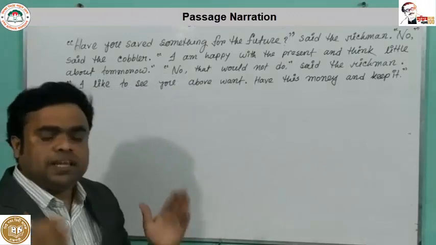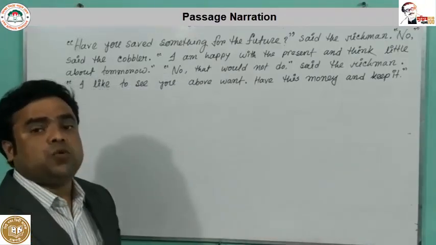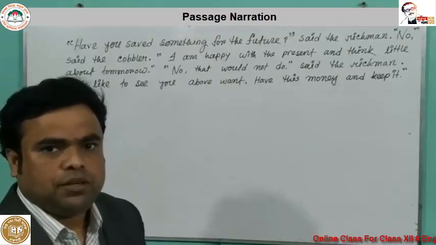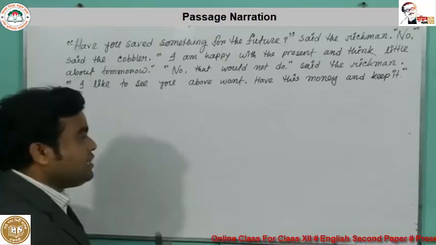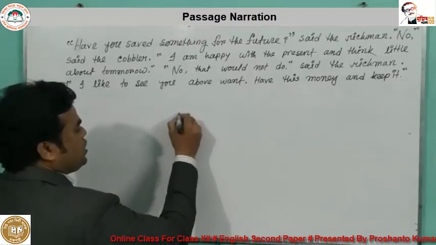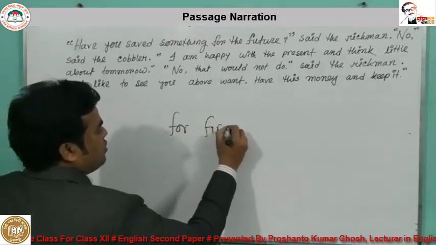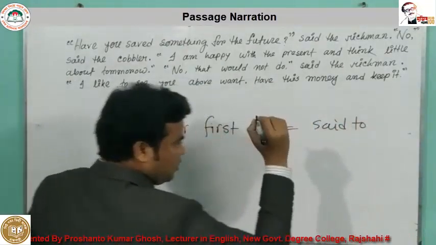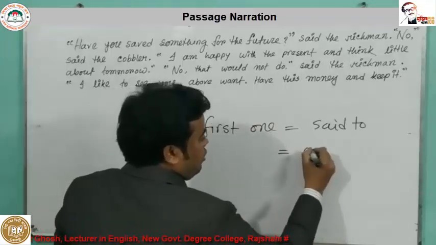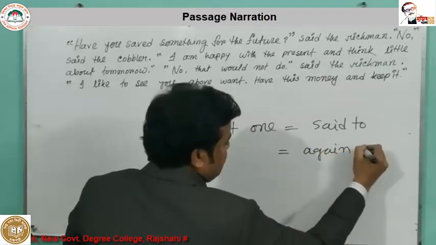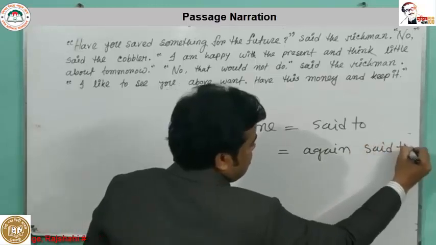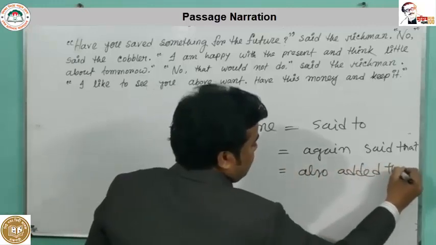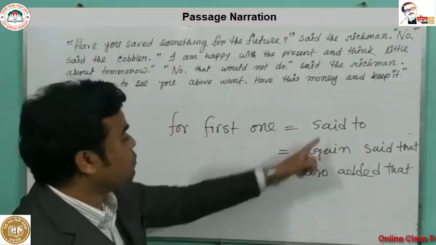In a passage, if a speaker has one more speech, I repeat, one more speech, one after another, in that case you have to use "said to" for the first one, then for the second, again "said that" or also "added that", if they are assertive sentences.